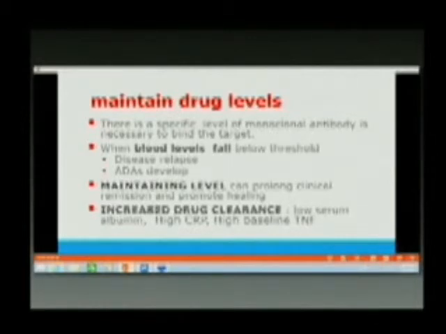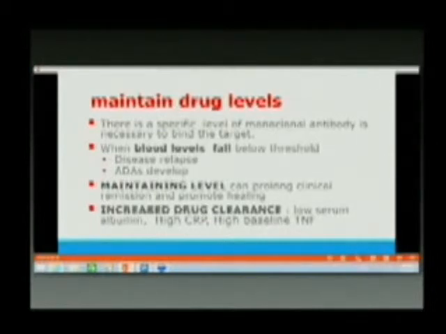There are some instances where drug clearance is increased, such as low serum albumin, where you might have very severe disease and you're now losing not only albumin in your stools, but even your monoclonal antibodies. Okay, high CRP and high baseline TNF would just say that you have a lot of inflammation going on, and therefore a lot of the antibody is needed.